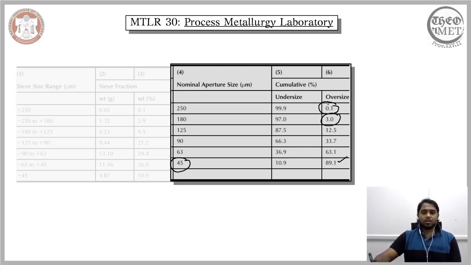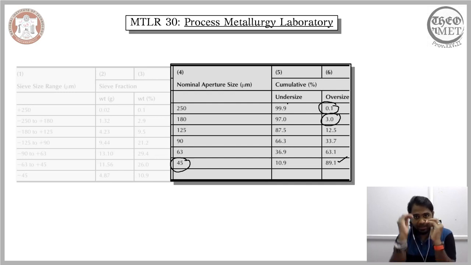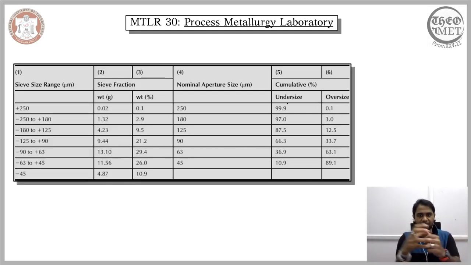So now, instead of considering the ranges of the particle sizes, you can directly focus on the aperture size alone, and then what percentage of your material is held by this aperture size can be estimated and tabulated in this way. So essentially, whatever output you get from the sieve analysis can be tabulated in this manner.